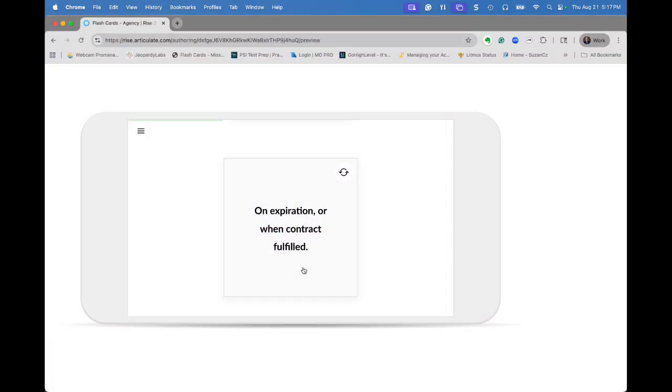A question I read today talked about when a listing agreement would terminate, and actually it was fulfillment of the process. I mean, it closed. So if it expires or it's fulfilled, you could add one other item there, and that would be what? If it's mutually agreed to end.